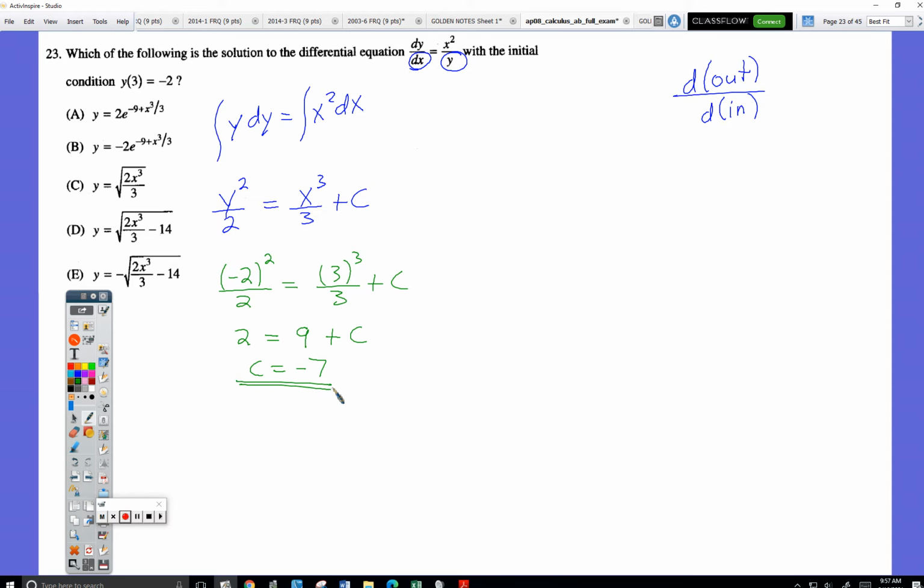Now I go back to here, take this equation, y squared over 2 is equal to x cubed over 3, subtract 7. Now I need to isolate y, so we multiply both sides by 2.